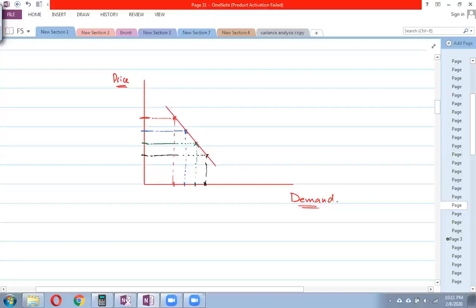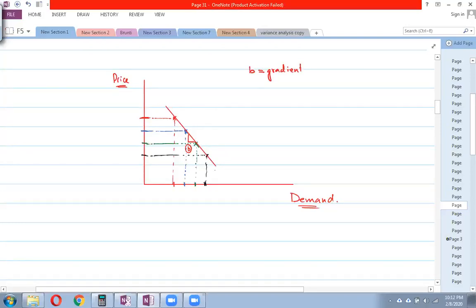With the reduction in the price, the demand is further increasing, right? Let's call this angle B. What is B? B is the gradient or the angle, right? B is this angle, right?